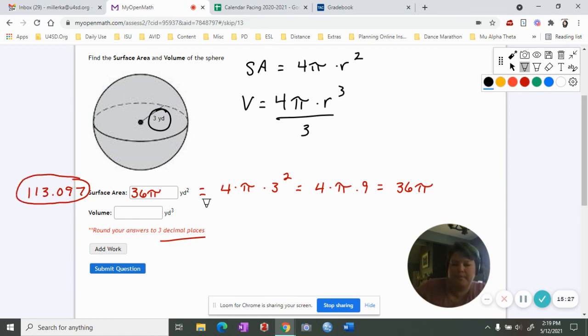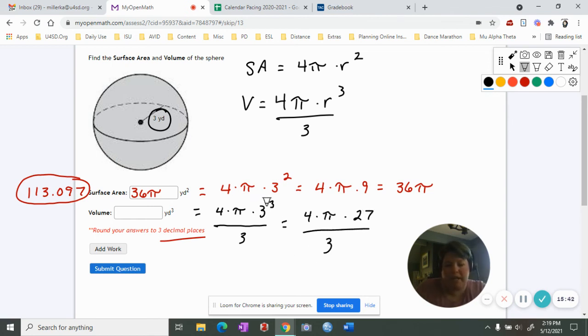Volume, we're going to do 4 times pi times 3 cubed divided by 3. So 4 times pi times 27 divided by 3. 3 cubed is 3 times 3 is 9. 9 times 3 is 27. So that's where the 27 comes from.